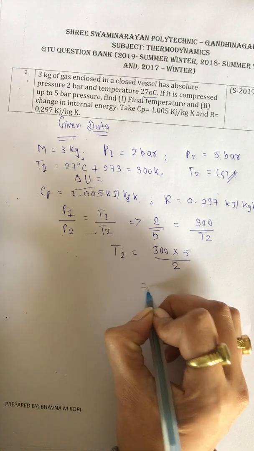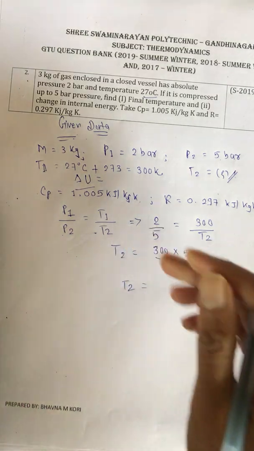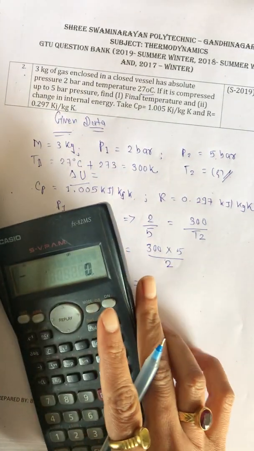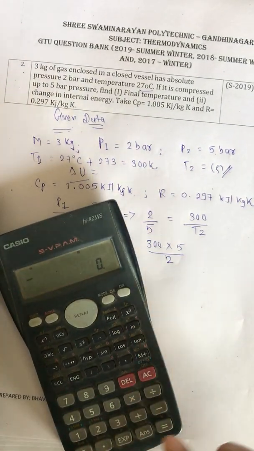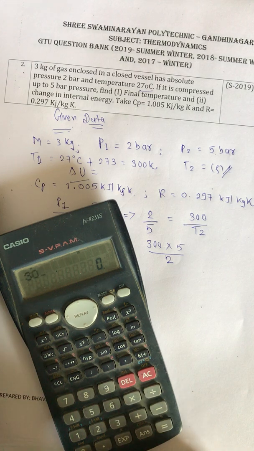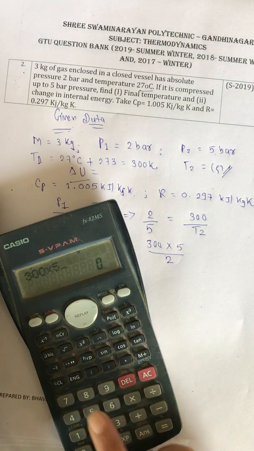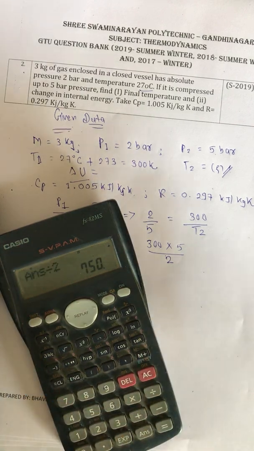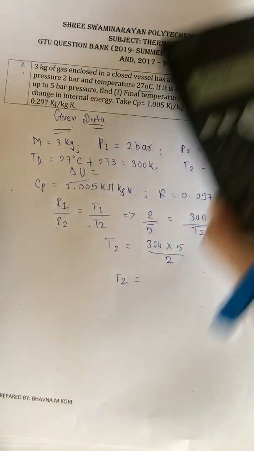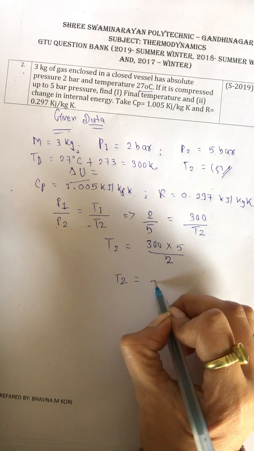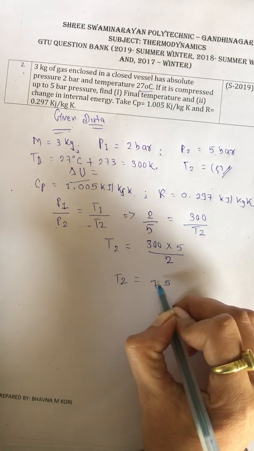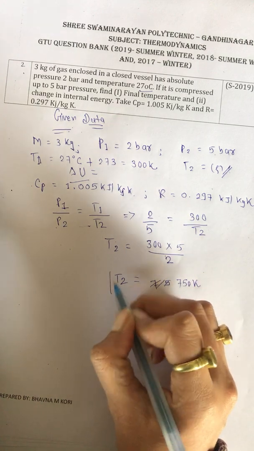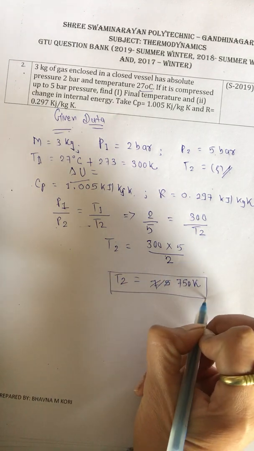Solving this, the value of T2 is 750 Kelvin. Okay, so this is the answer.